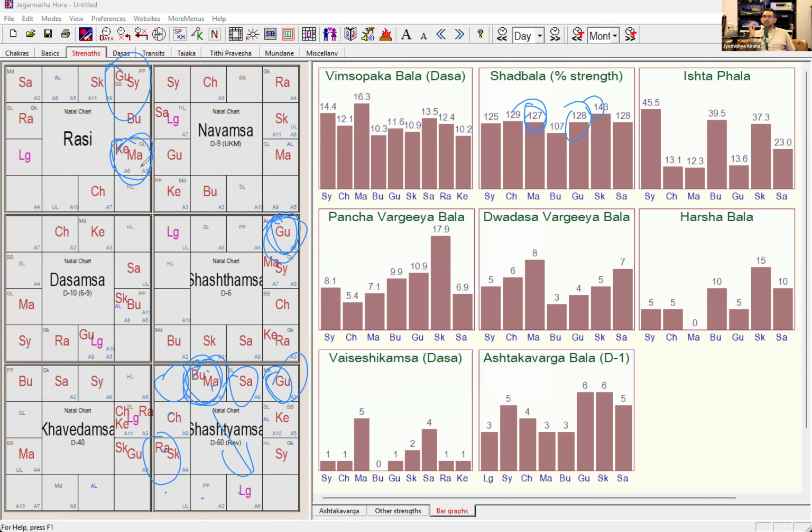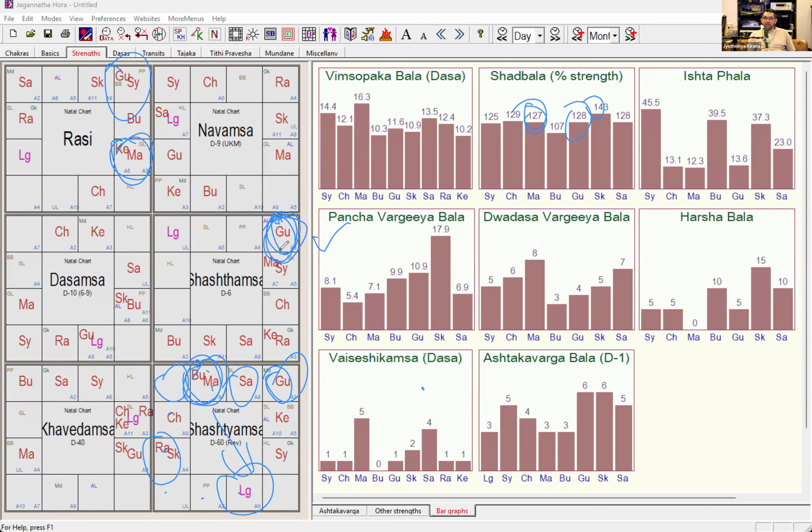That means something unexpected. Again, unexpected results coming from Mangala affecting your D6, your body. So now what happened? My analysis was right. There will be heart-related issues.